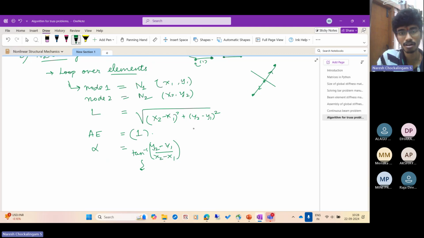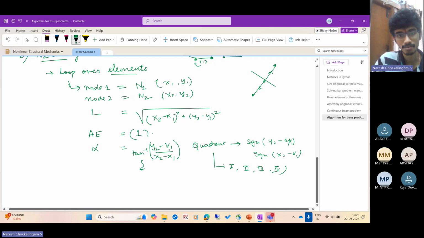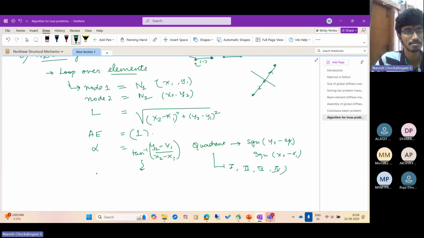Then the actual quadrant you fix by checking the sign of y2 minus y1 and x2 minus x1. Look at the sign of these two, then you fix the actual quadrant as 1, 2, 3 or 4. Okay, anything else we need? That's all.